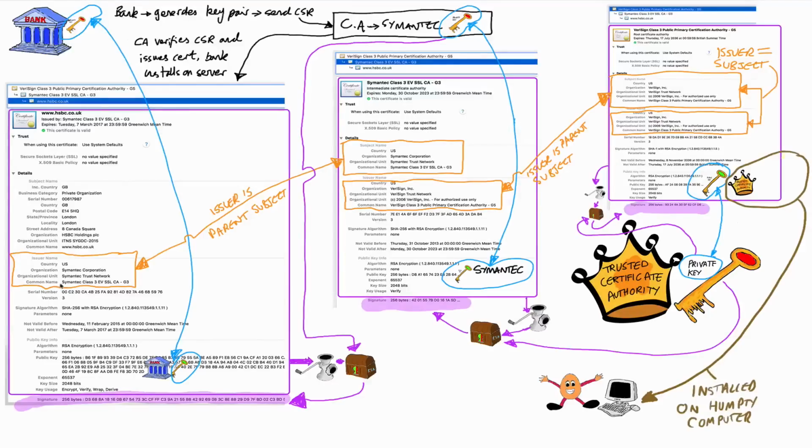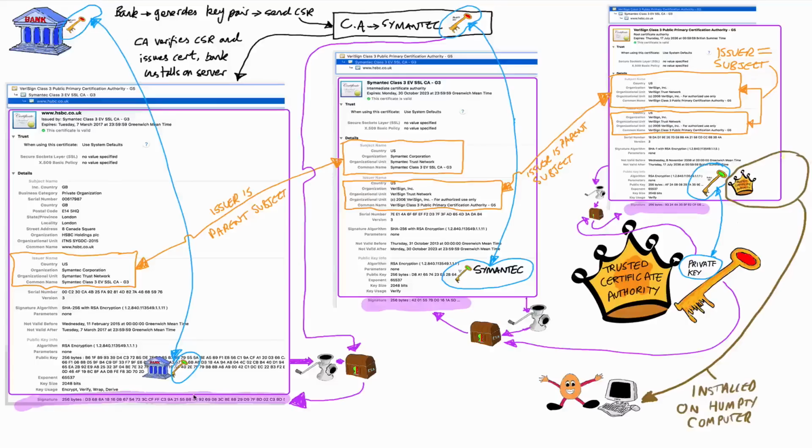Now it's Symantec Class 3 EV SSL CA. In order to validate this, I'm going to need to use a signature, and in order to do that, I need to find out what the public key is corresponding to this issuer. So where does that public key come from? Because Humpty's machine needs that public key in order to validate the signature.